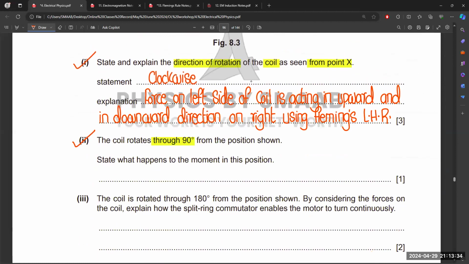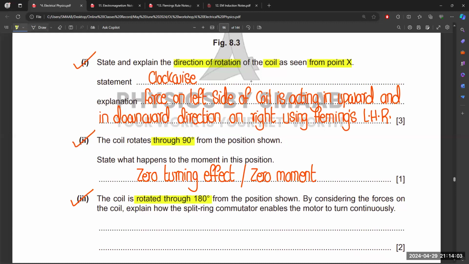So we will write zero turning effect, or in short, zero moment.